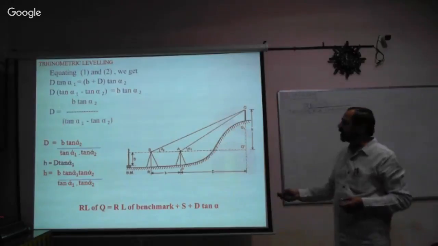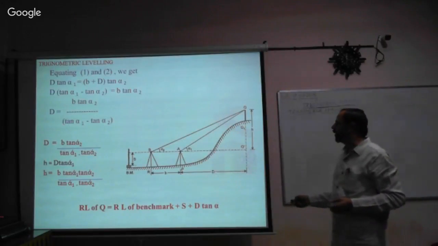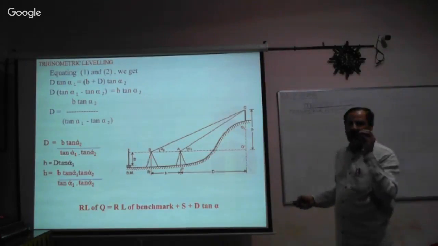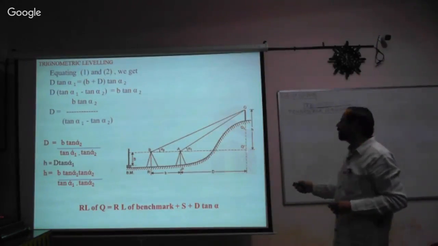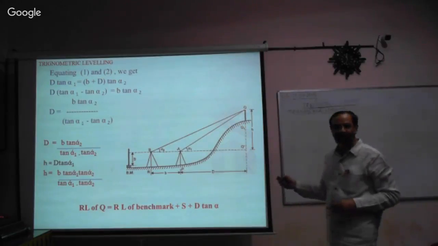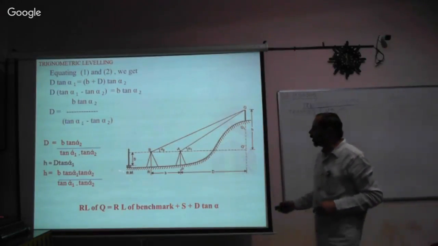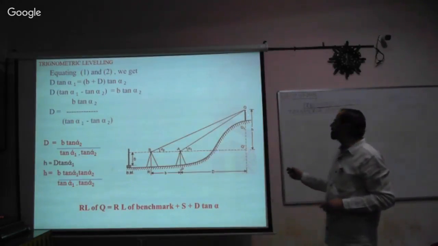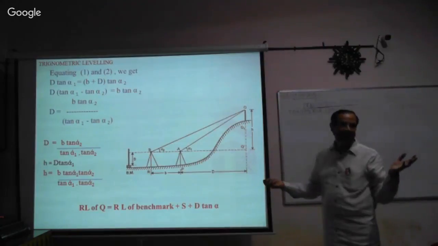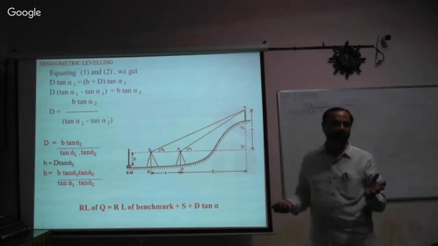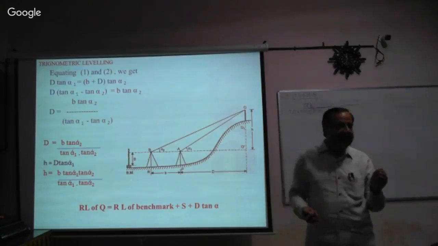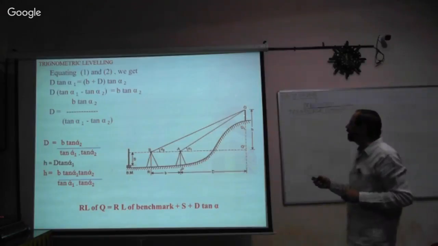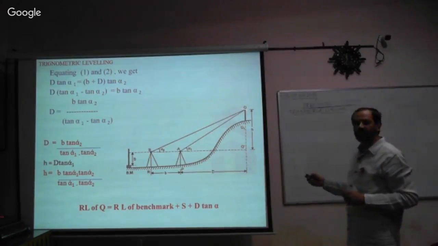D is calculated from this, then we are going to get H. After calculating the height above the instrument axis, we can calculate the elevation of Q. To calculate the elevation of Q, it is benchmark plus stop reading plus H. Our problem is done. We have completed the problem, isn't it? Our objective here is to calculate the elevation of the given object, the elevation of the point Q.